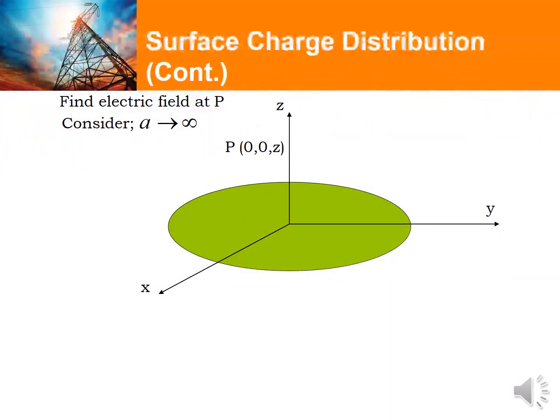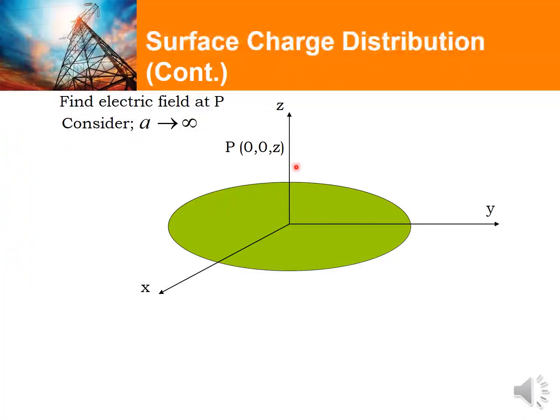Alright, based on the previous assumption, let's try to look at this case. We are going to determine electric field at point P having coordinates 0, 0, z, and let's consider a circular area with radius a that is infinite.